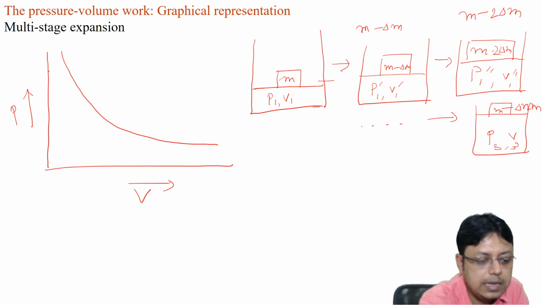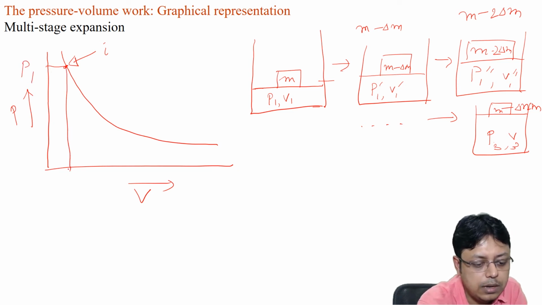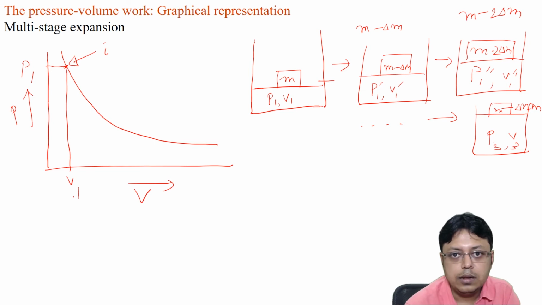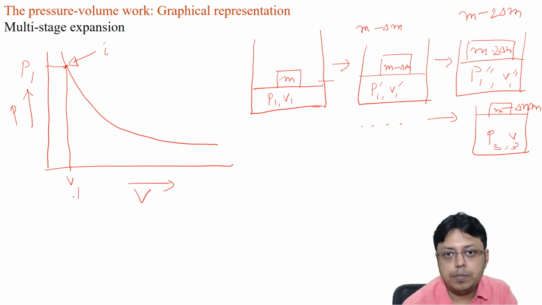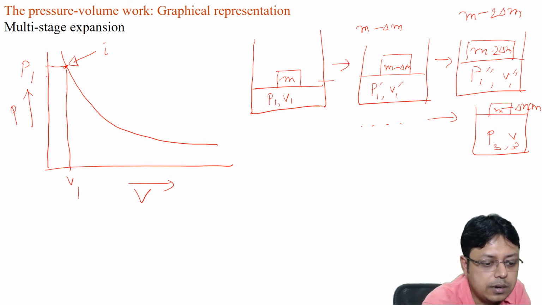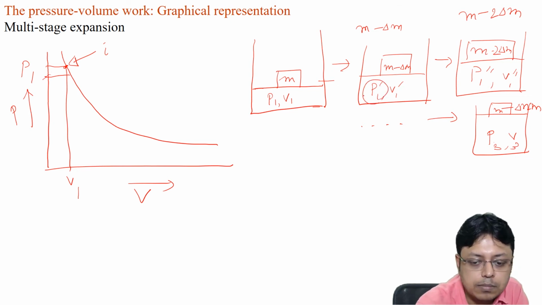So this was the initial state, denoted by a pressure P1 and the corresponding volume V1. Then we reduced the external pressure by a little bit such that the external pressure is now P1 prime.